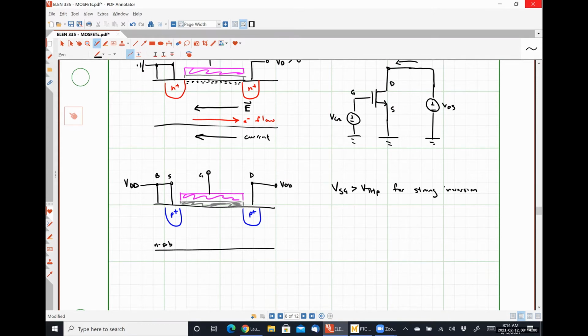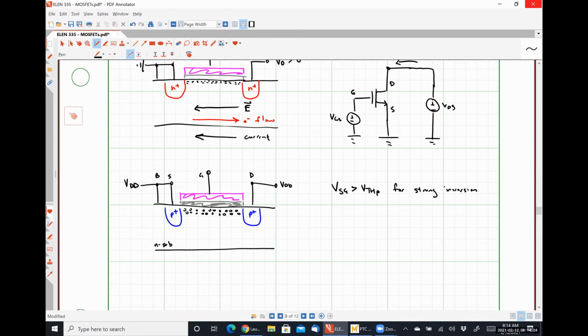If I tied this guy to VDD, the power supply, as well, what I should see is a whole bunch of holes here, because I've driven out all of the electrons and I've attracted holes into the channel area.